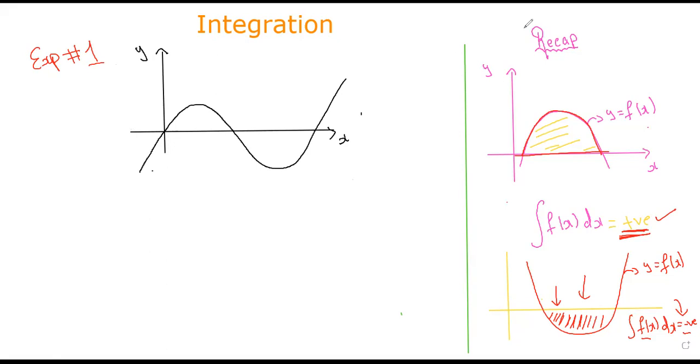And the shaded region is, okay, these are the two shaded regions, and the examiner wants you to find the total shaded region, okay? You need to find the total shaded region.